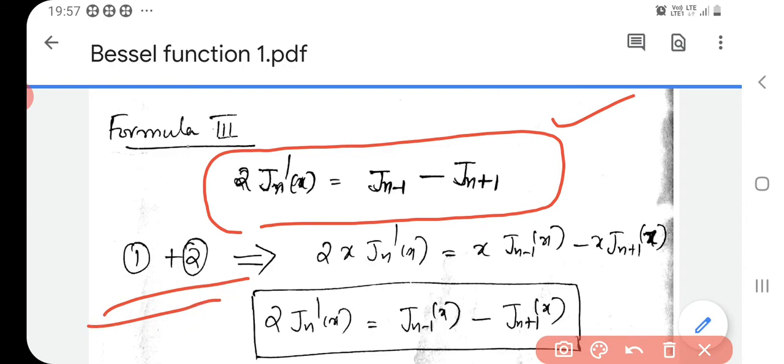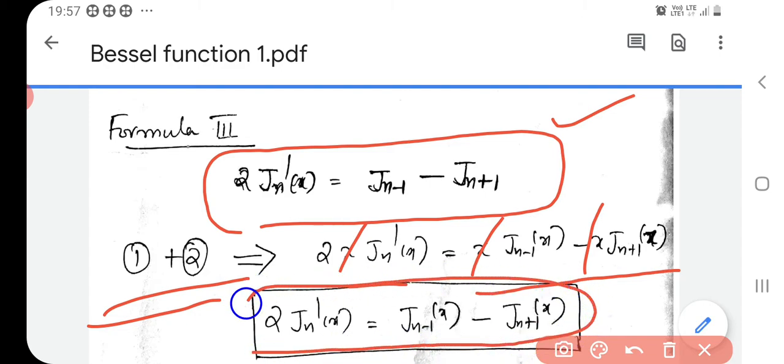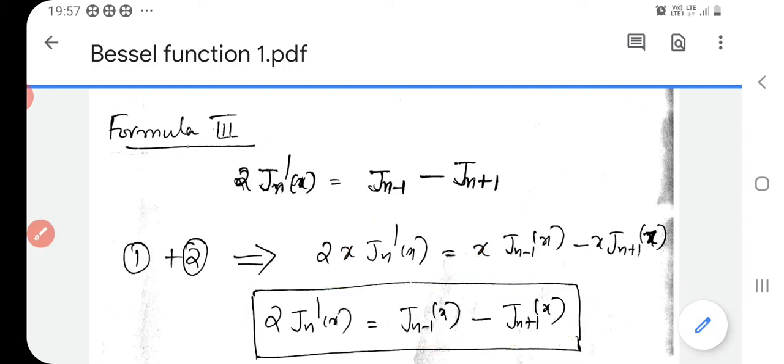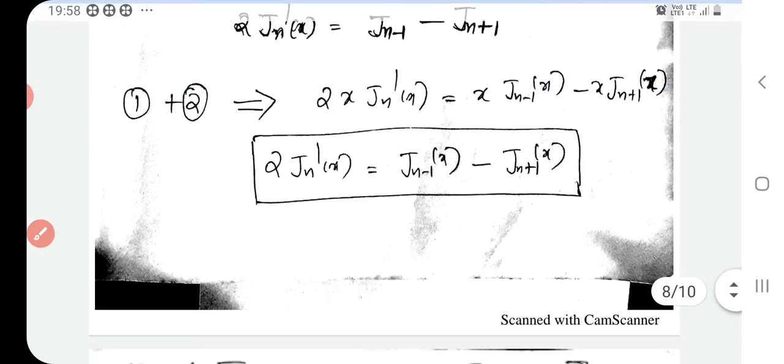On the left hand side you will get 2x j n prime of x, and on the right hand side you will get x j n minus 1 of x minus x j n plus 1 of x. x will get cancelled, and you have 2 j n prime of x equal to j n minus 1 of x minus j n plus 1 of x. So this is the third recurrence formula.